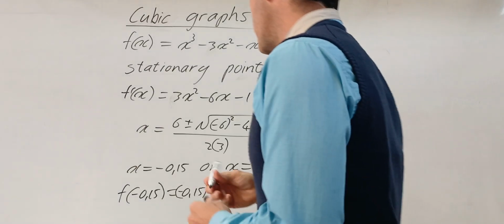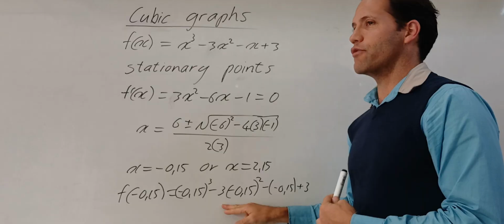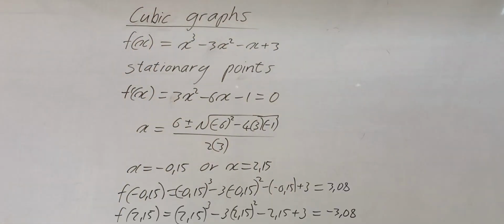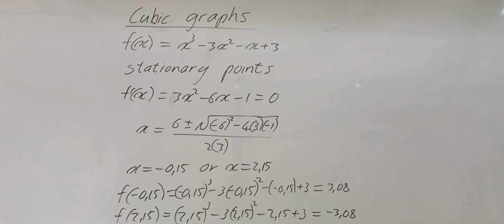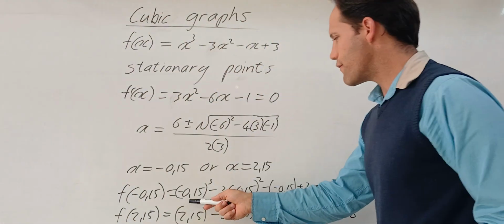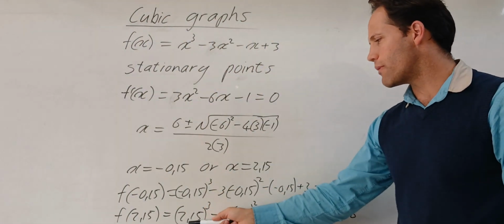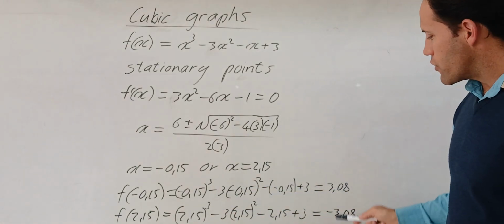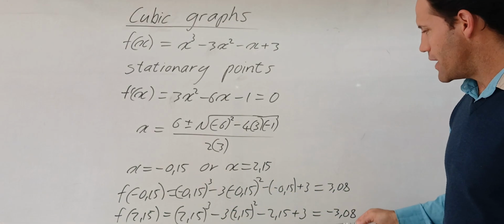You can solve that and see what the y value for the turning point is. Okay, so there you can see we substituted negative 0,15 everywhere, then we substituted 2,15 everywhere into the original. Then we get the y values for the turning points, the maximum and the minimum.